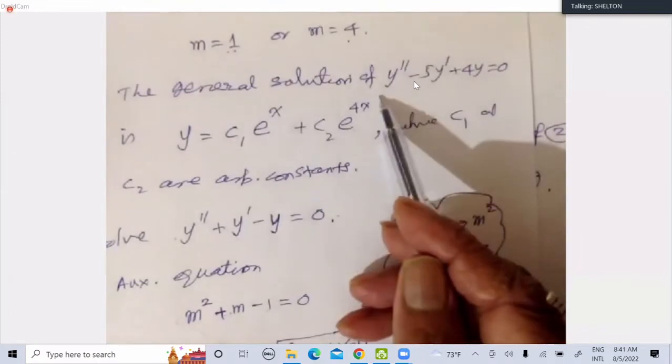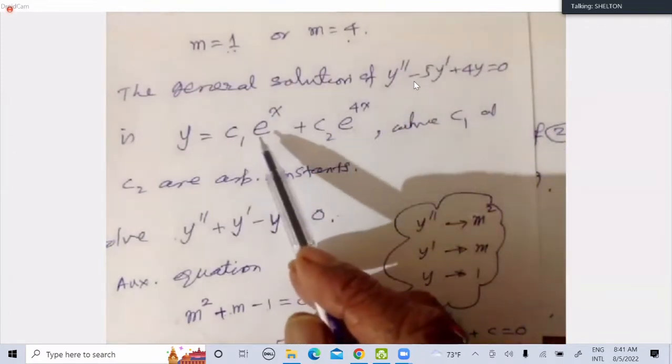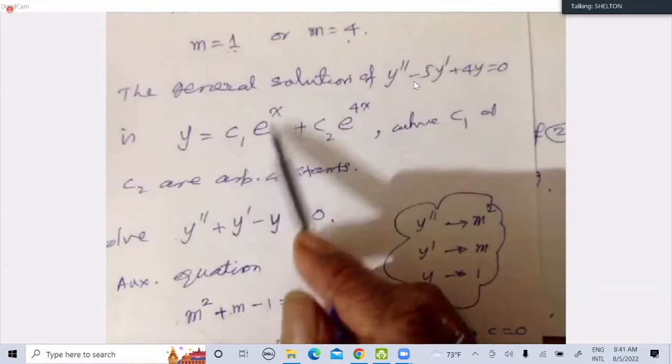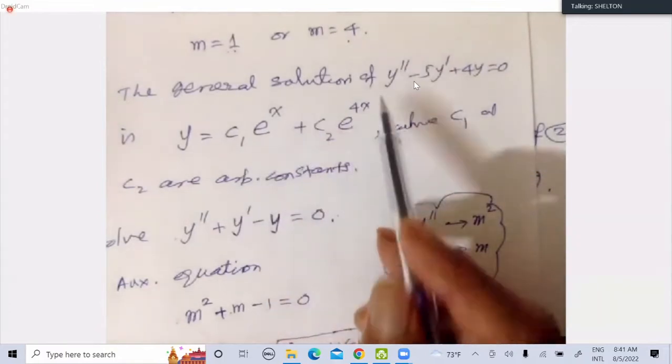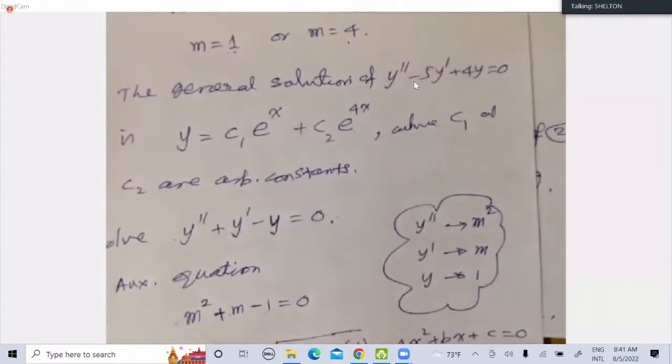Every solution should take the form C1 e to the x plus C2 e to the 4x. So we first find two solutions and check whether they are linearly independent. I will do the next example, and you will see you can get only one linearly independent solution.